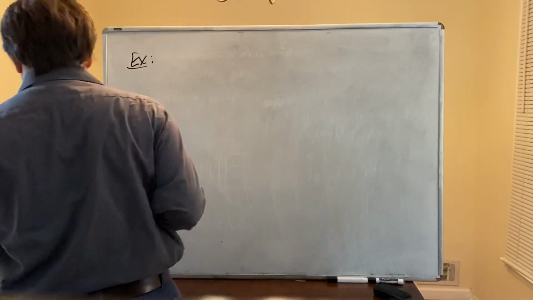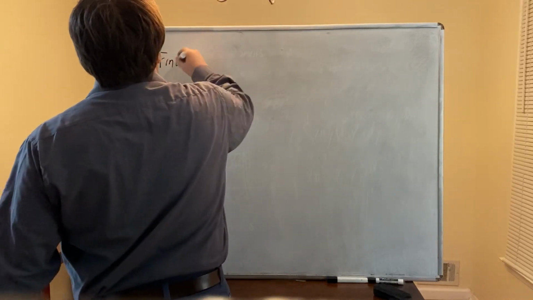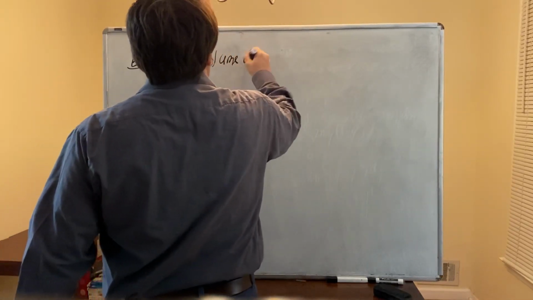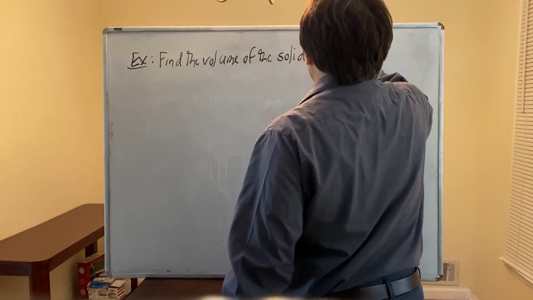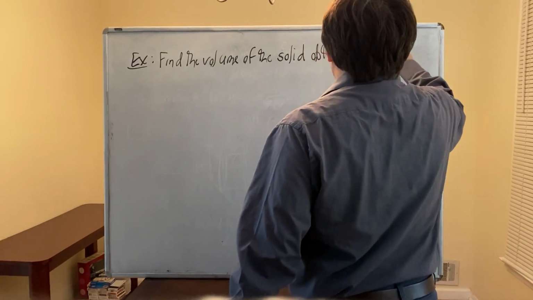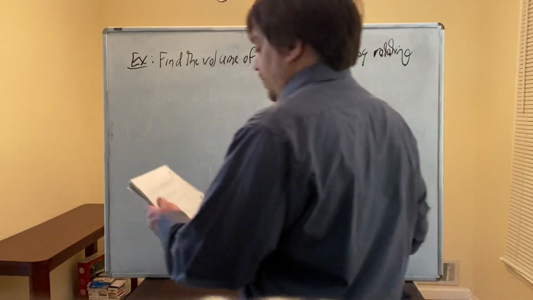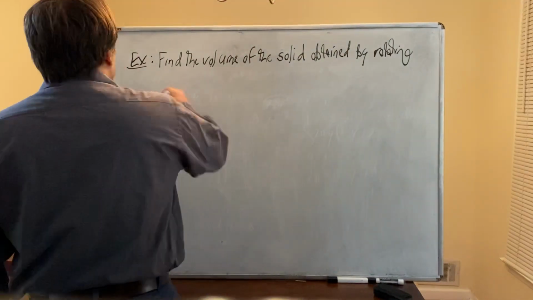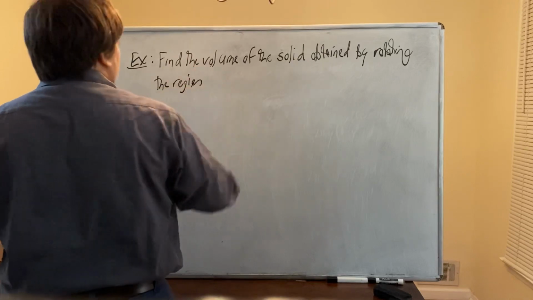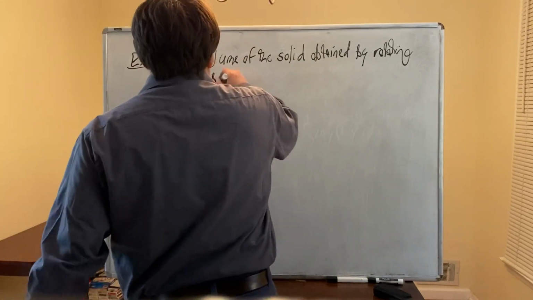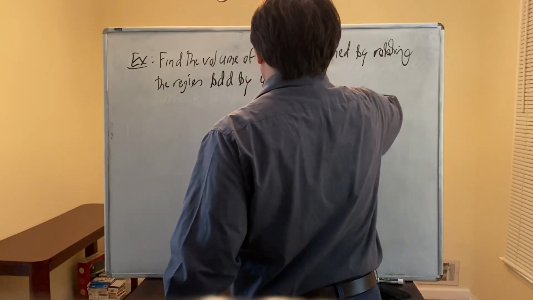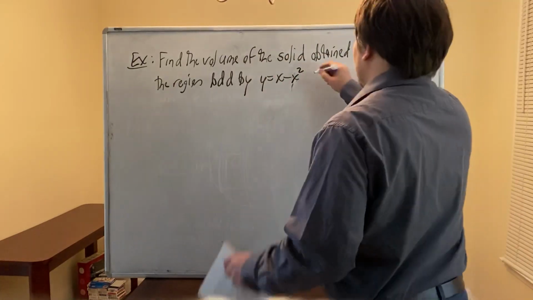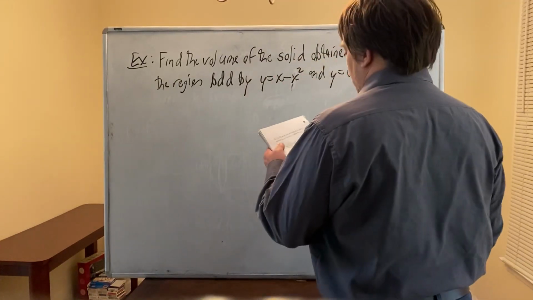Very good. Another example. Find the volume of the solid obtained by rotating the region bounded by y equals x minus x squared and y equals 0 about the line x equals 2.